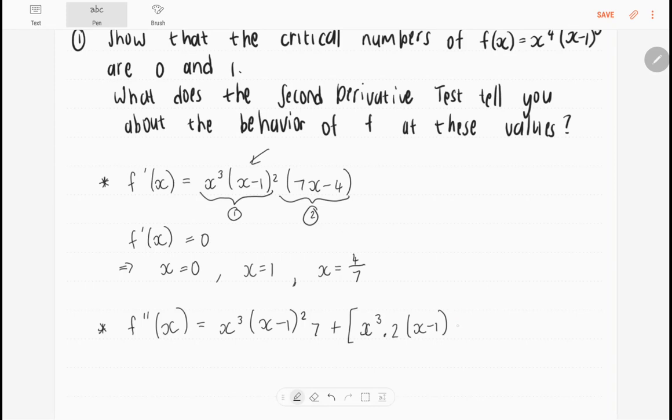And then I have plus the derivative of the first, which is 3x squared, multiplied by the second, which is x minus 1 squared. And all of this has to be multiplied by our original second function.